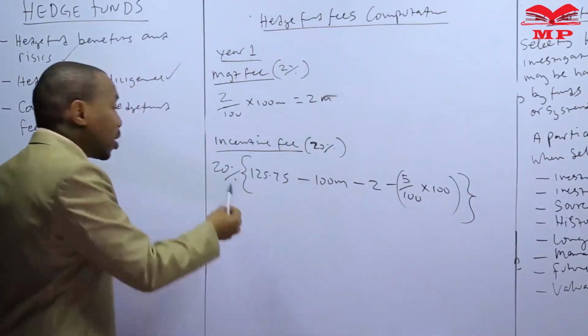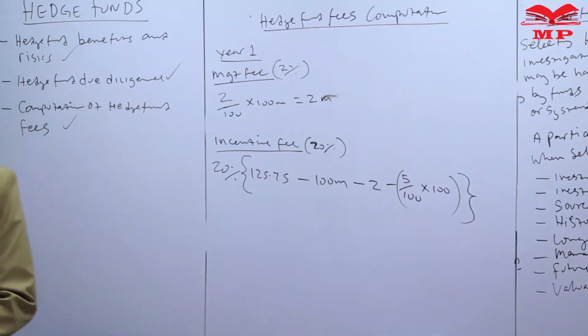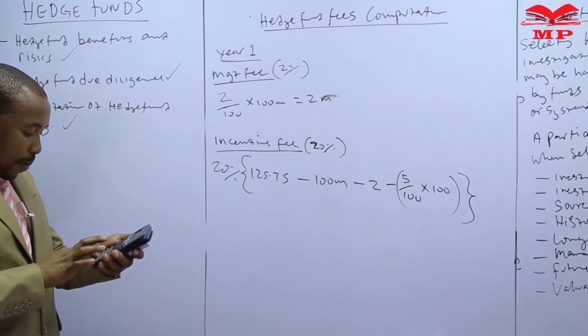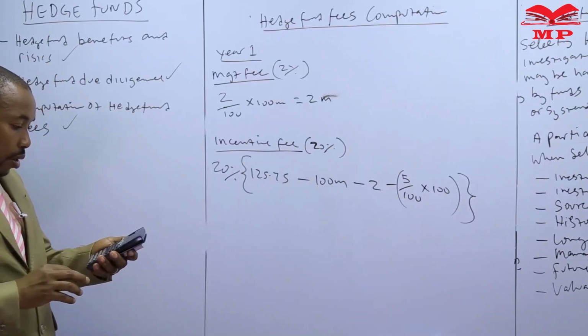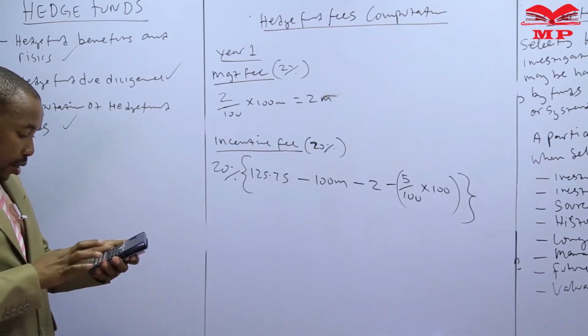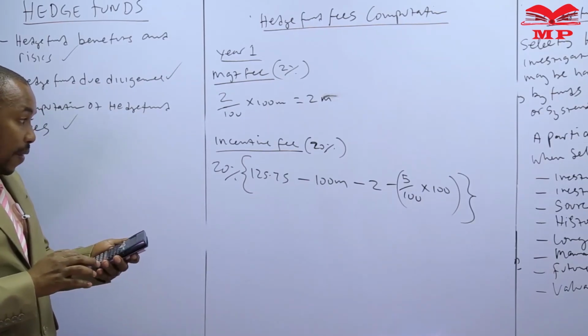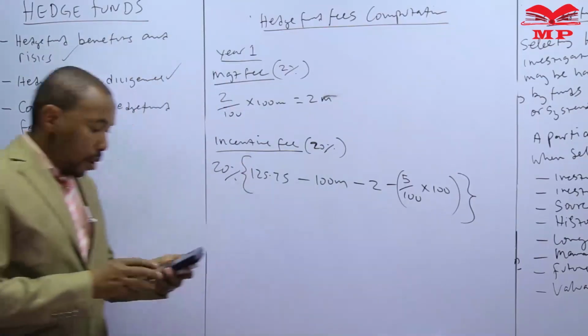So that now we can get the 20% incentive fee. How much do we get there? It is 125.75 minus 100 is 25.75, minus 2 million. Then minus, we open the brackets, 5 million, because 5% of 100 is 5 million.